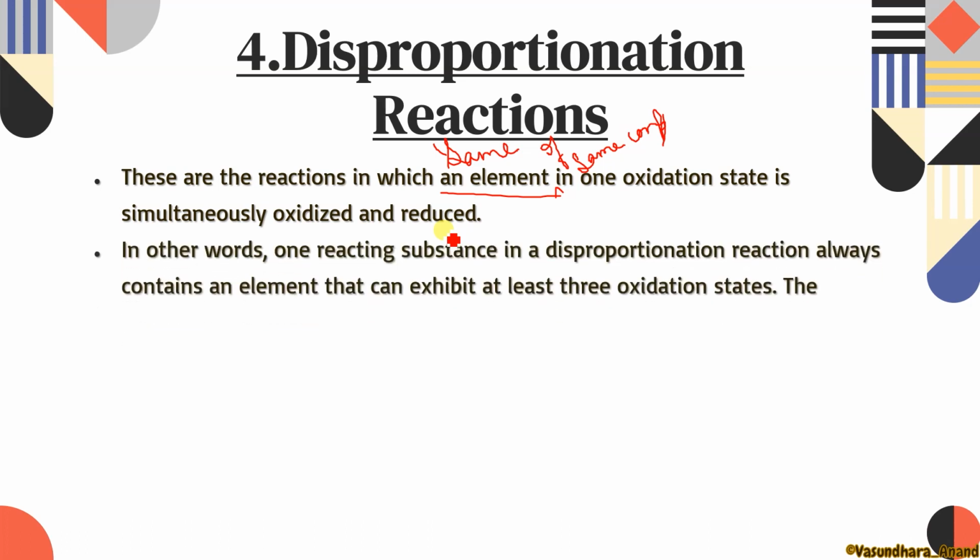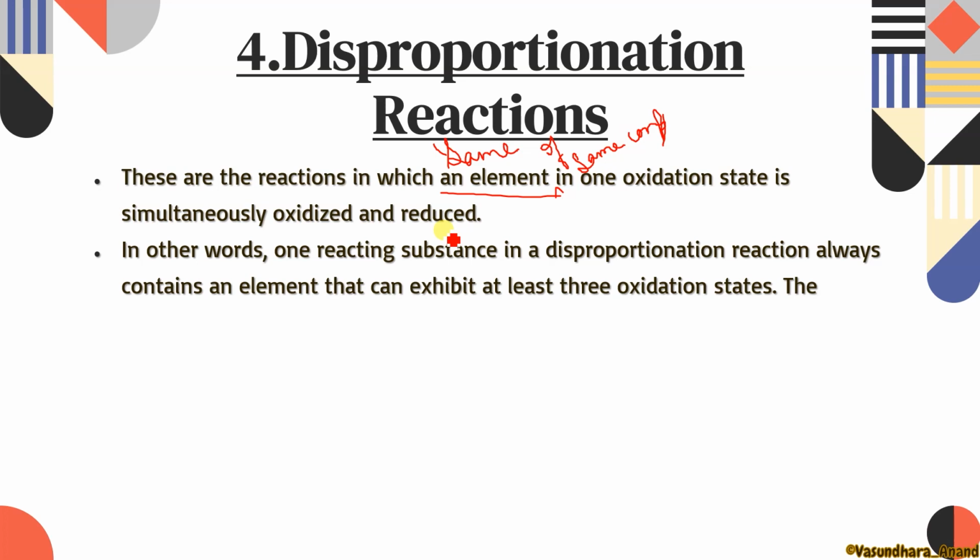Let me better explain with an example. In other words, the reacting substance in a disproportionation reaction always contains an element that can exhibit at least three oxidation states. It must be in an intermediate oxidation state, not at the least or the maximum, but somewhere in between.